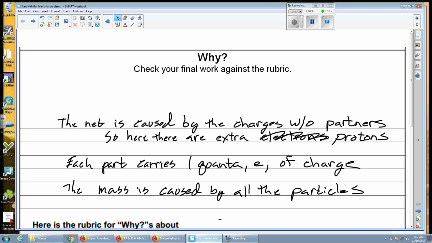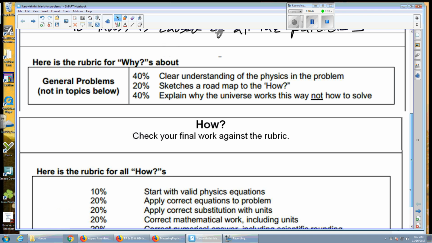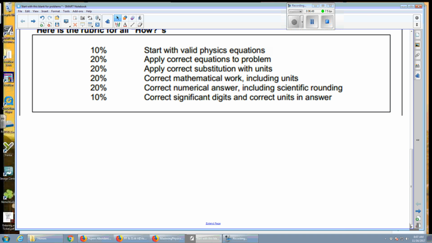Really the only equation for this is that total charge equals the number of particles times the charge on each one.